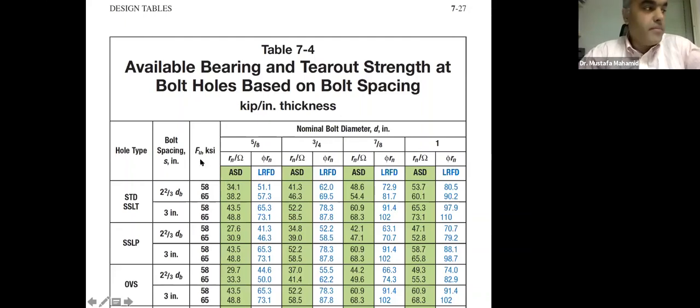And again, F sub U depends on the material that we are dealing with. So if it's A36 steel, F sub U is 58 KSI, and if it's A992 steel, we have 65 KSI. These are the most commonly used materials, that's why they are listed in the table.